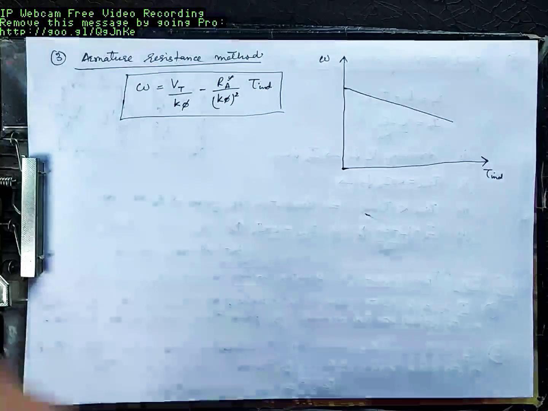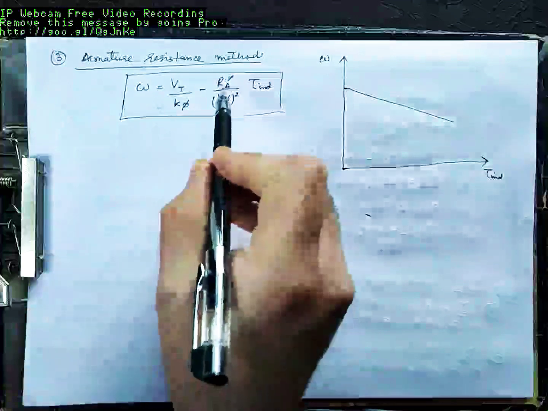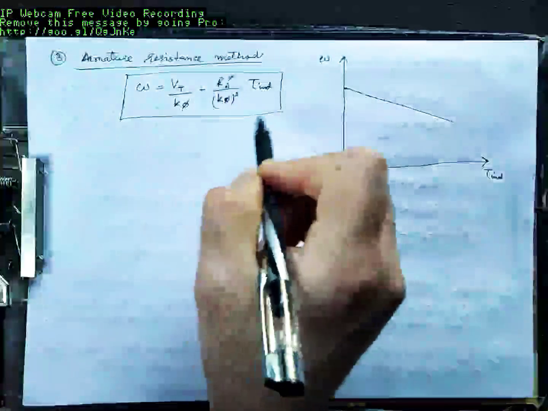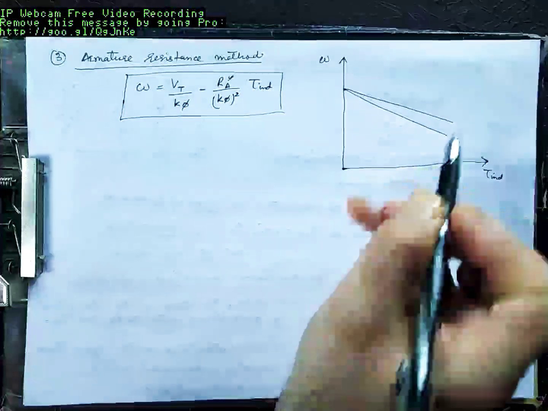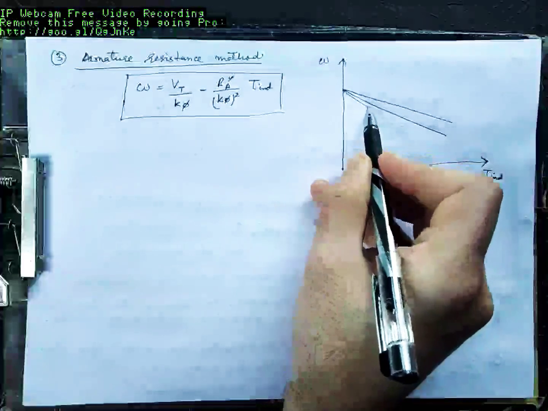From this expression we can directly tell, if we increase the value of Ra, what happens to this slope? The slope increases, so this will be steeper. Increase this further, this will be steeper still.